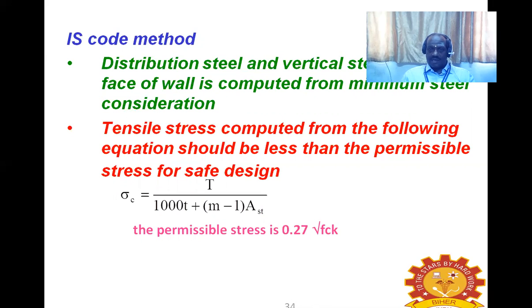Tensile stress computed from the following equation should be less than the permissible stress for a safe design. Sigma C, this formula we have already seen, is equal to the hoop tension divided by 1000 T plus m minus 1 AST.